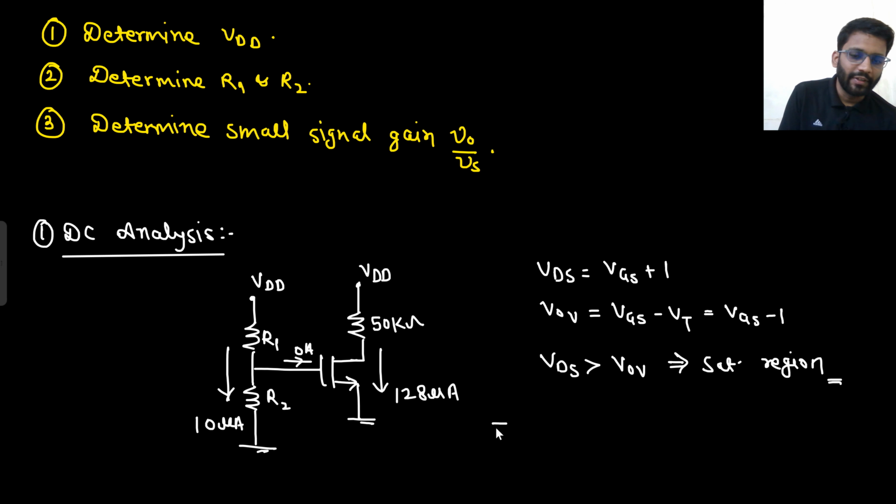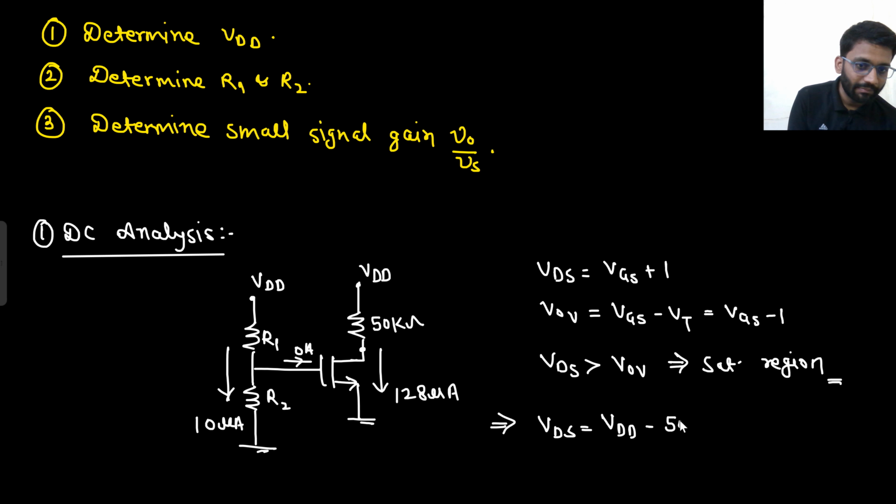Tell me, what is the value of VDS now? In this circuit, what is the value of VDS? This is VDS. VDS is VDD minus ID into RD. Are you agreeing with this point? Because this is the drain, so VDD minus ID into RD.